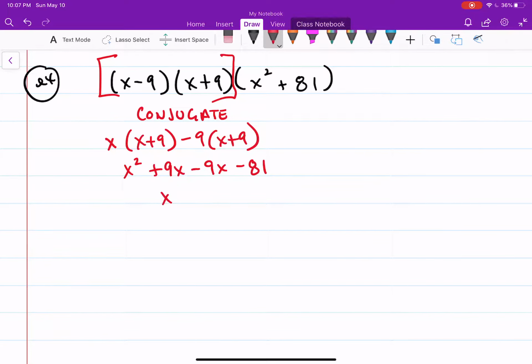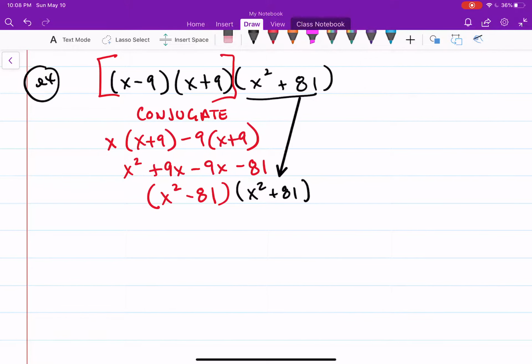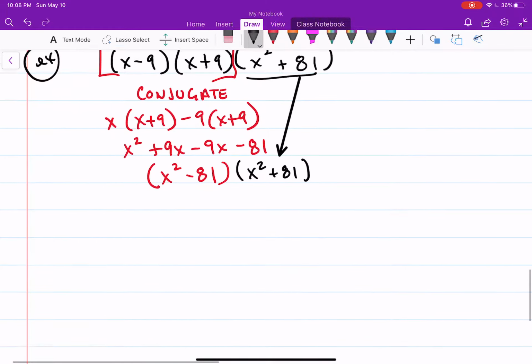So I got x squared minus 81. Now I can bring that last piece down, x squared plus 81. Okay, so bring this down to there. So again, I dealt with the first two first, now I'm bringing in the third one.